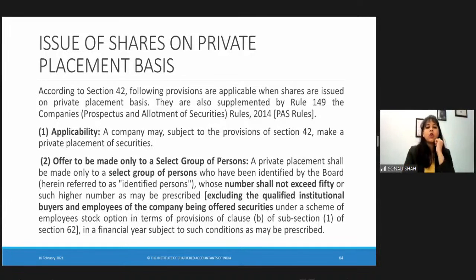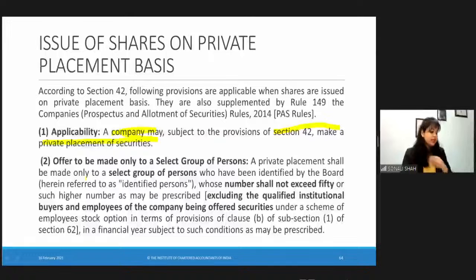The first point here is applicability. A company may, subject to the provisions of Section 42, make a private placement of securities. That means a public company and a private company both can make a private placement of securities.